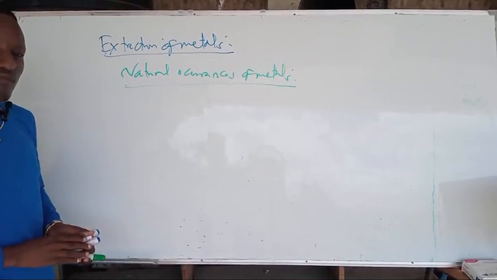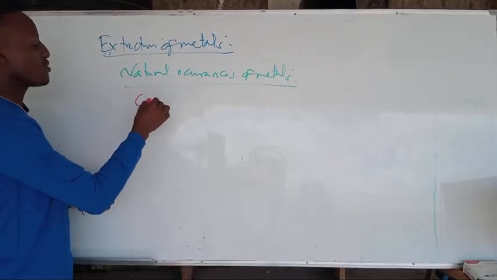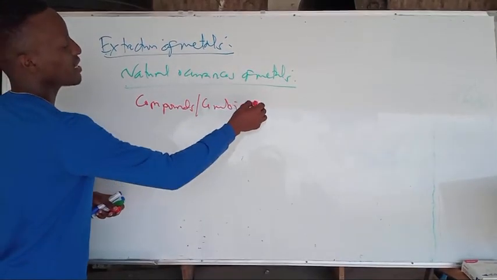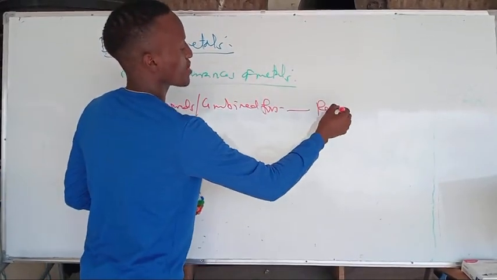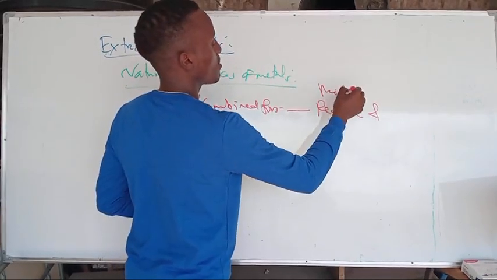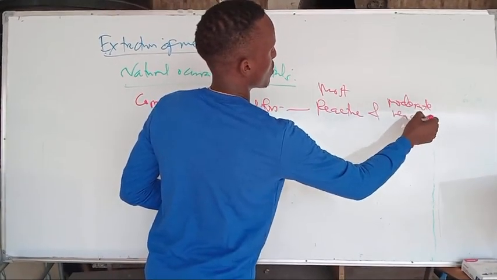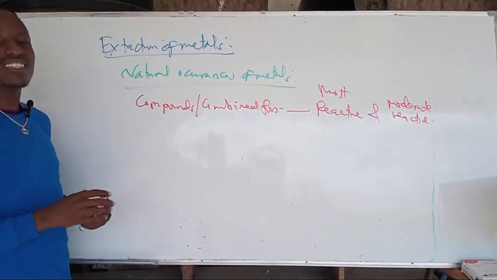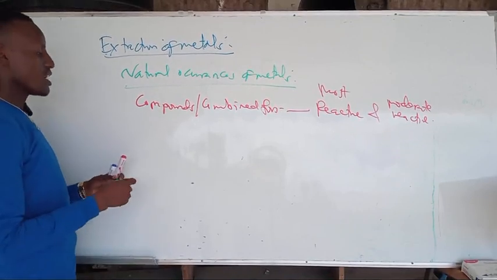The most reactive metals tend to occur in combined form, in compounds. These are the reactive and moderately reactive metals. But the less reactive metals tend to occur just as free elements.